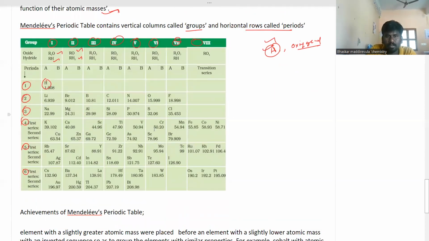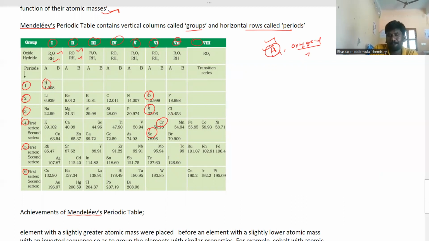If you compare oxygen and sulfur, both show similar types of oxides and hydrides. Not only that, chromium and others also show similar types of oxides and hydrides. So the elements which show similar chemical properties with hydrogen and oxygen, he kept in one group.